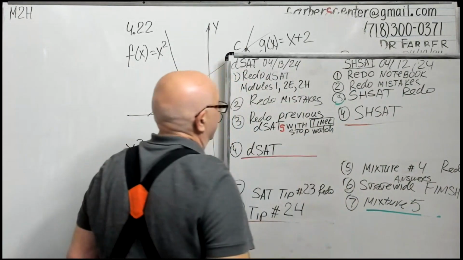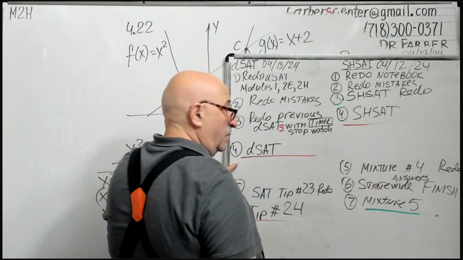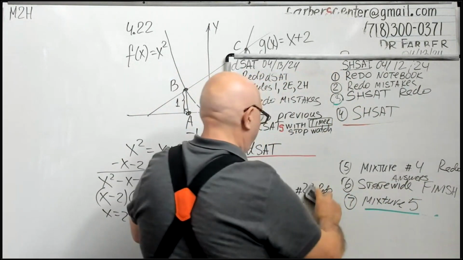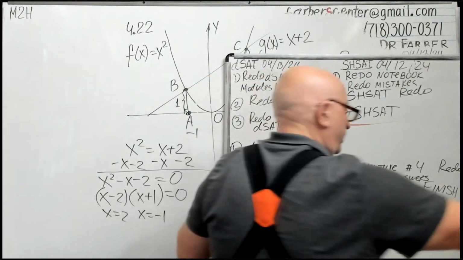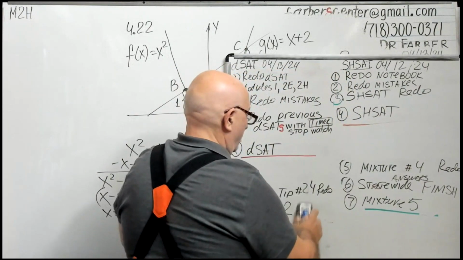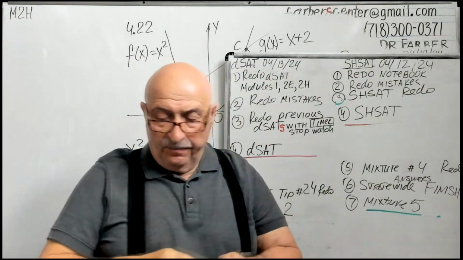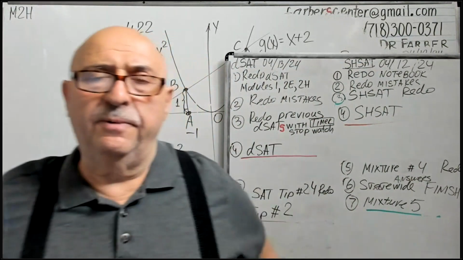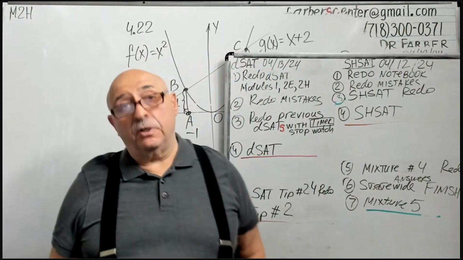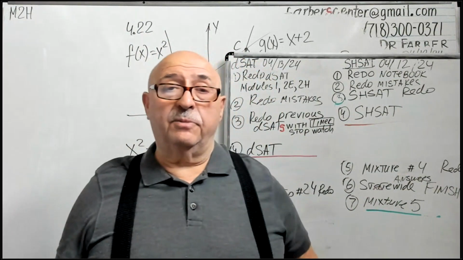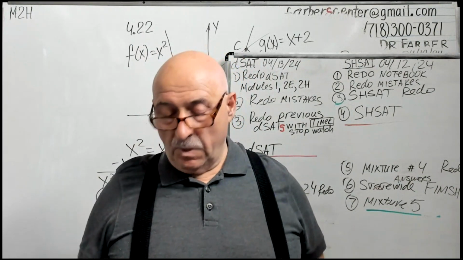Redo mistakes. Redo previous with timers. You get another test. Redo this tip 24. You have correct answers. Tip very important. And you get other tips. That's about it. By the way, students, when you practice with your homework, after you solve analytically, apply your knowledge to tips as well. Try to solve using Desmos also. Sometimes we have parameters, include different sliders, etc. So far, so good?